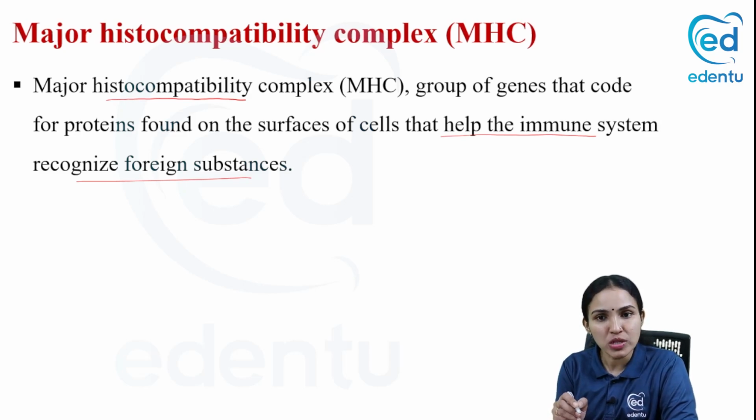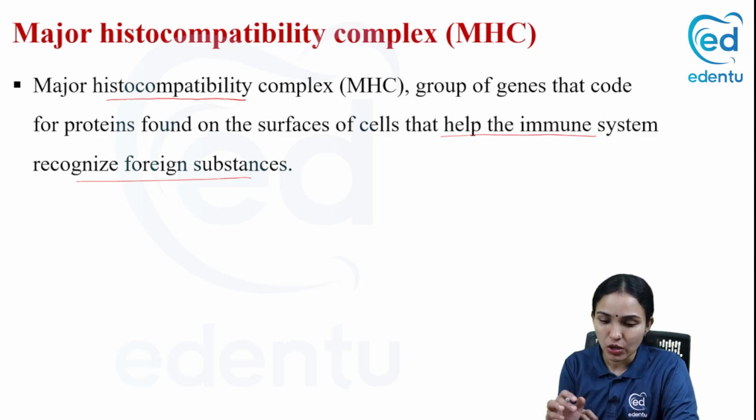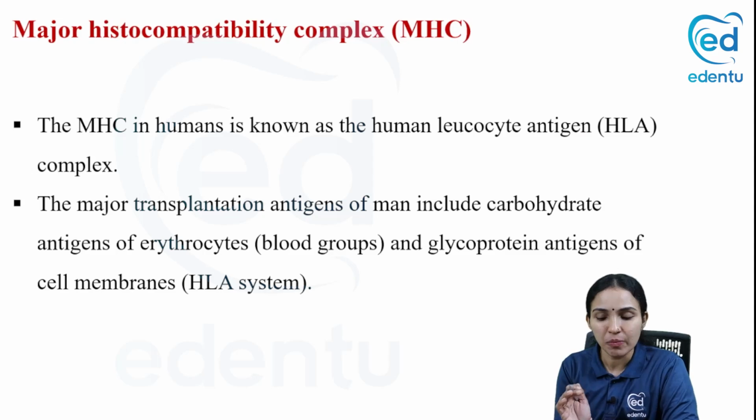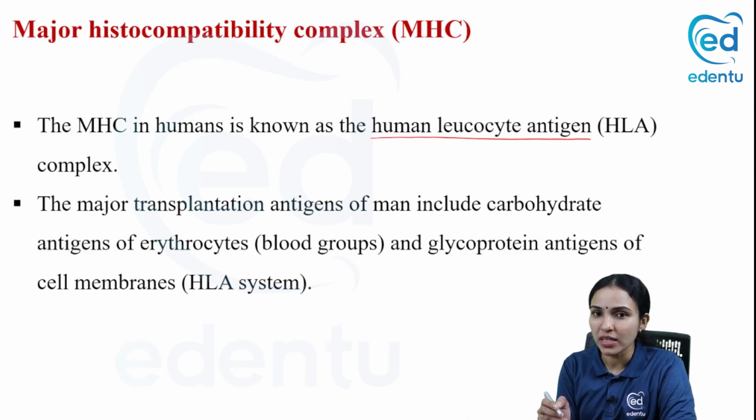So actually MHC is a group of genes which code for proteins which are found on the surface of the cells that help the immune system to recognize foreign substances. These molecules are coded by certain genes, and those genes are together called the MHC complex, major histocompatibility complex. In humans, the MHC is known as human leukocyte antigen. Why? Because most of the MHC molecules are seen on the surface of human WBCs or leukocytes. And they are called the major transplantation antigens.